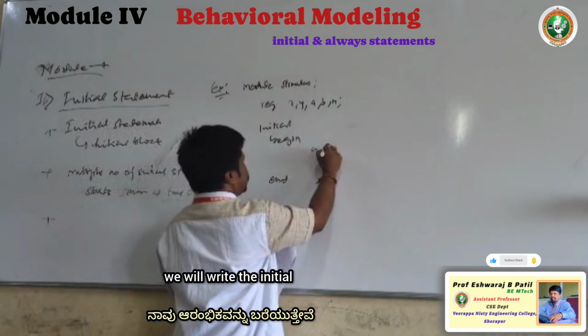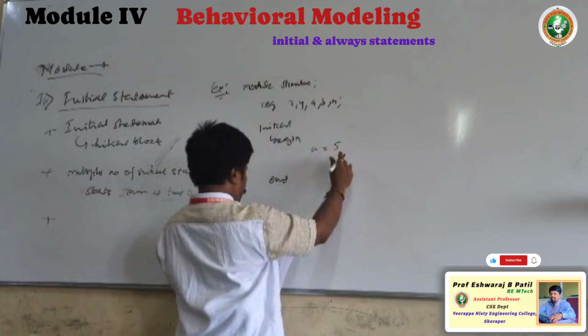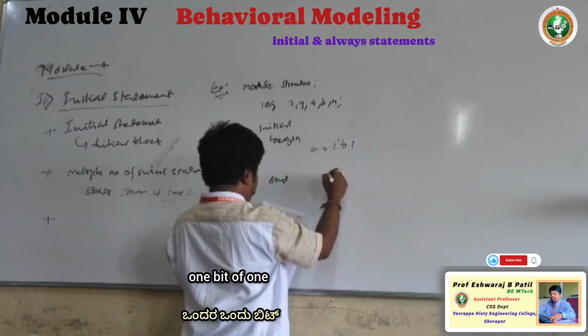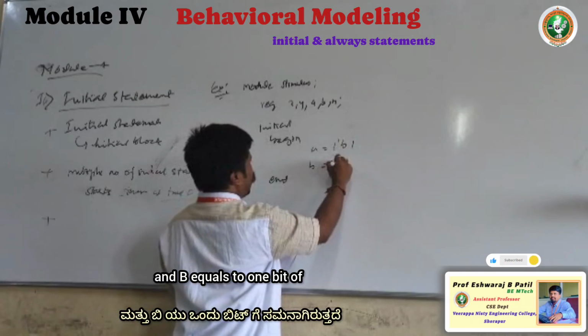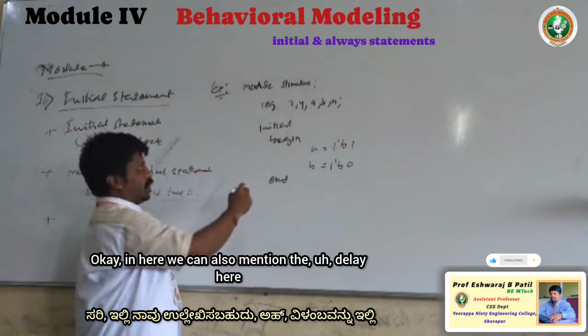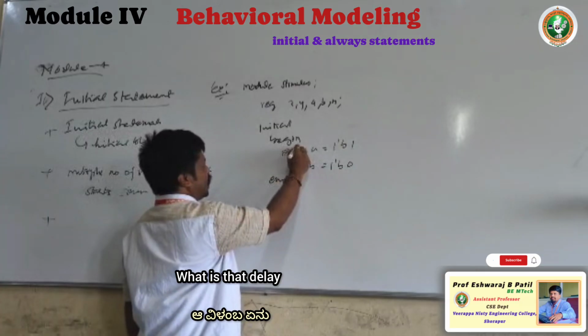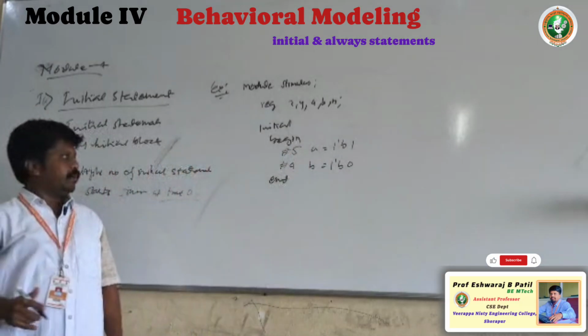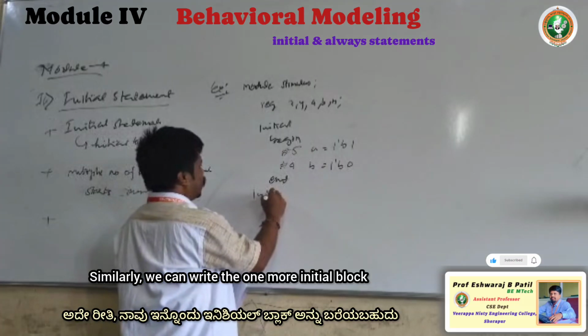We will write the initial as a equal to 1 bit of 1 and b equal to 1 bit of 0. Here we can also mention the delay, for example 5 for the interval response. Similarly, you can write one more initial block.